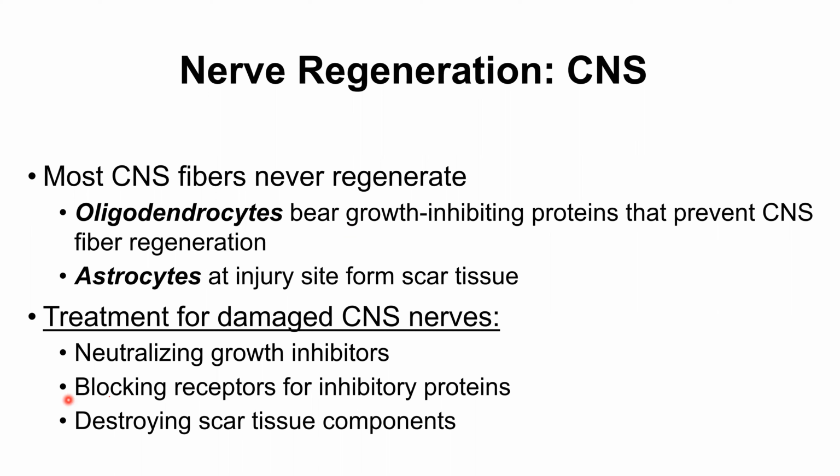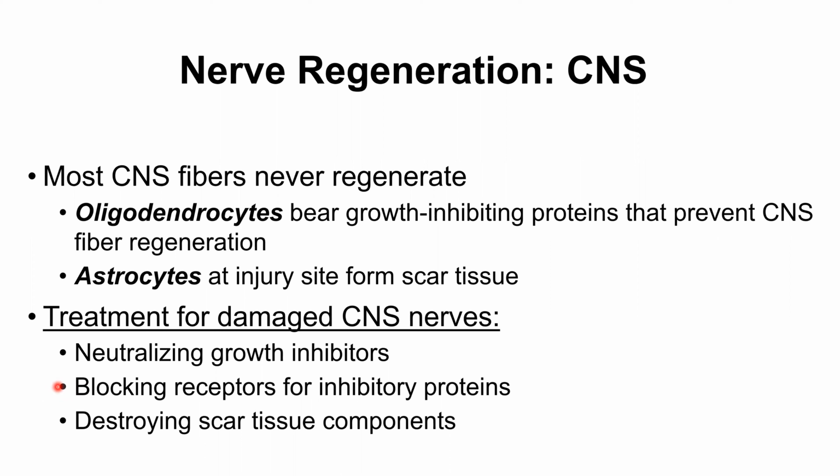The other thing here, and this is kind of associated with the previous point, is blocking the receptors for inhibitory proteins. This isn't really a problem on the oligodendrocyte itself. It would be something that you would be targeting on the actual nerve, because the nerve would have the receptors for the inhibitory proteins that are released by the oligodendrocytes.